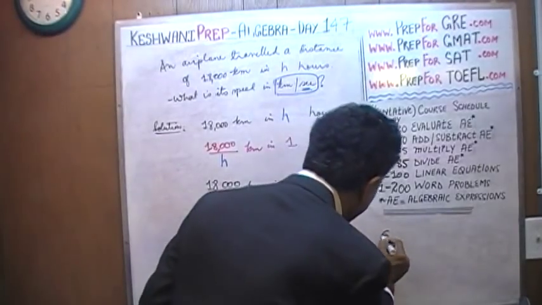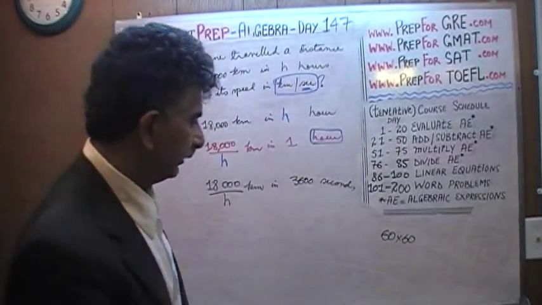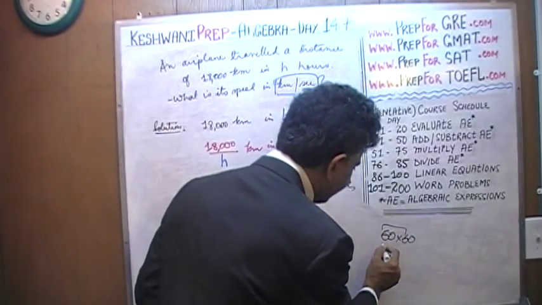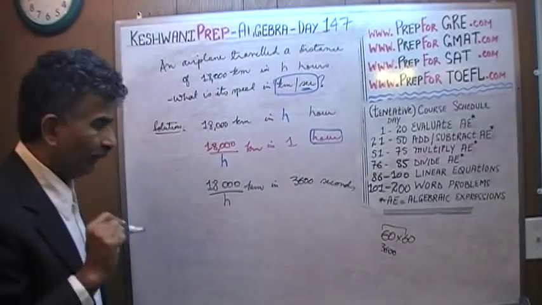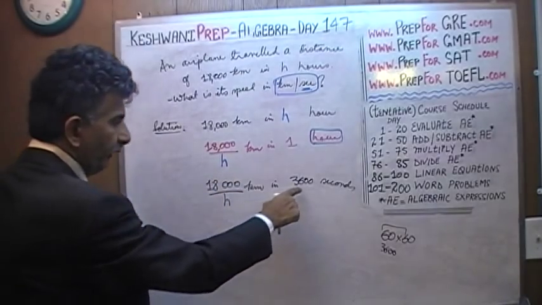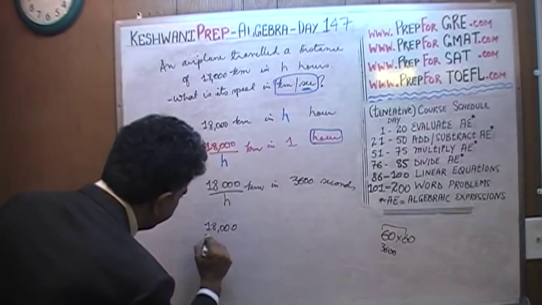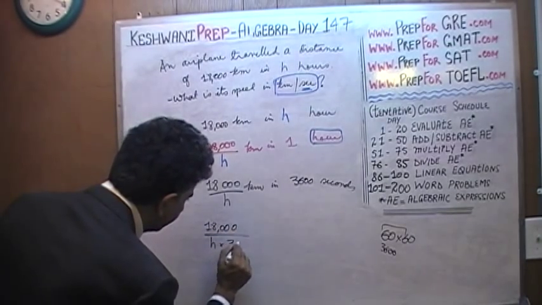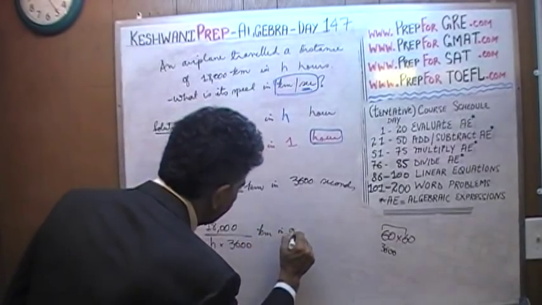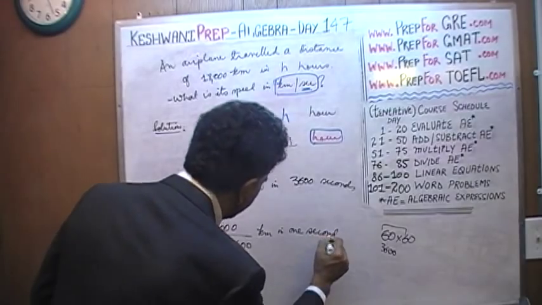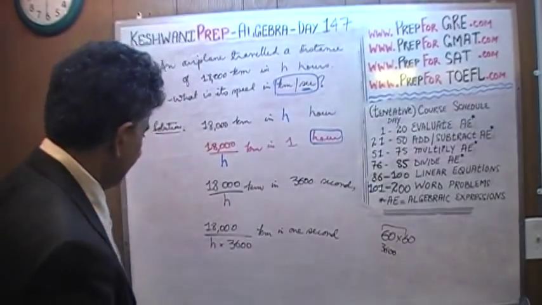An hour has 60 minutes and each minute has 60 seconds. So it's 3,600. Therefore, in 1 second, you will take this quantity and divide by 3,600. So 18,000 over H times 3,600 kilometers in 1 second. There we go, that's our answer.